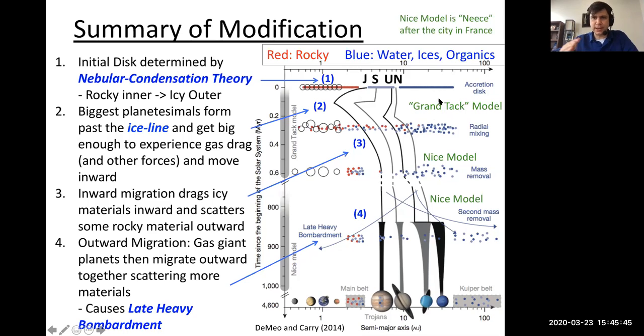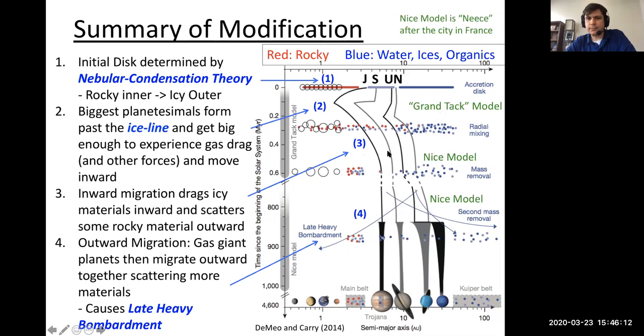You go at an angle and then another angle into the wind. So inward, outward migration. You can type grand tack model and planetary formation, and that'll bring you to more information on it. The specifics are hotly debated, so I'll leave you at that. Talk to me in our Zoom Q&A or send me an email about that.